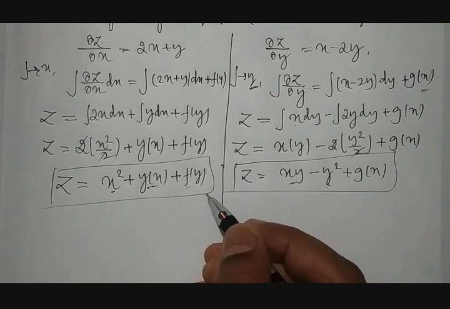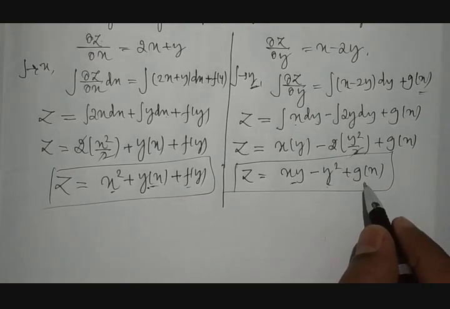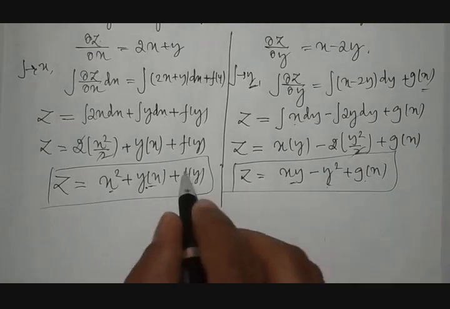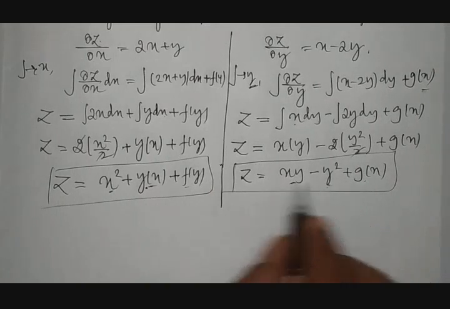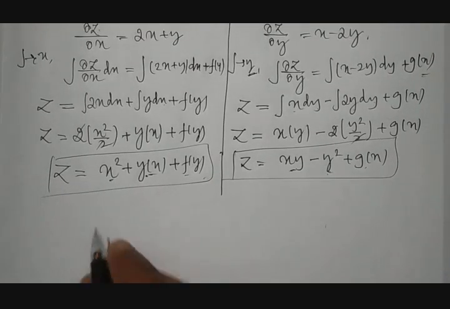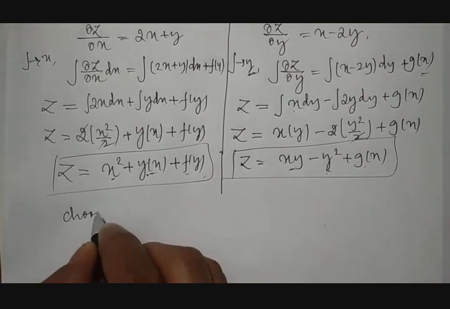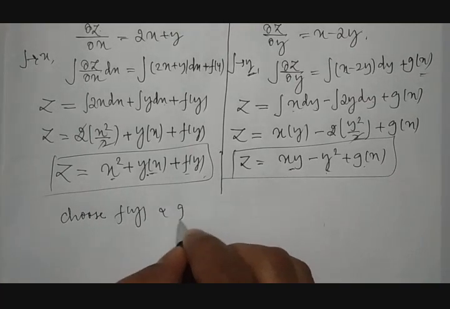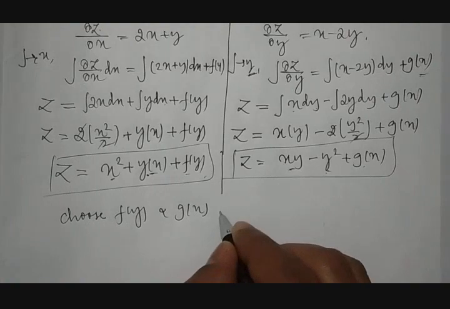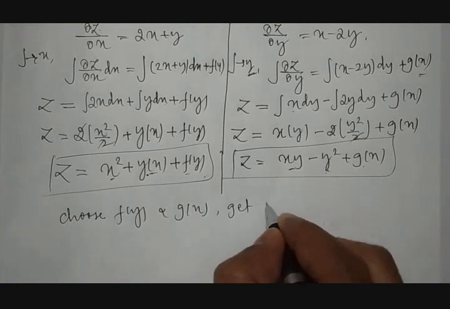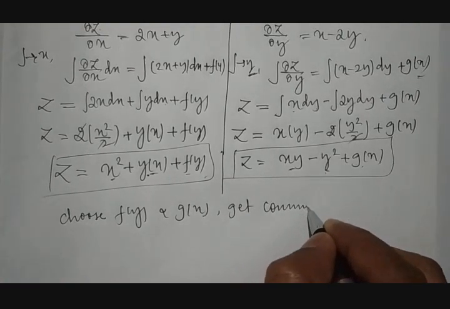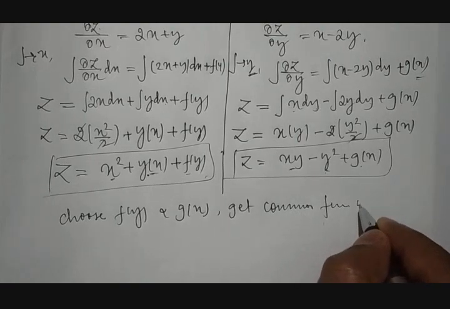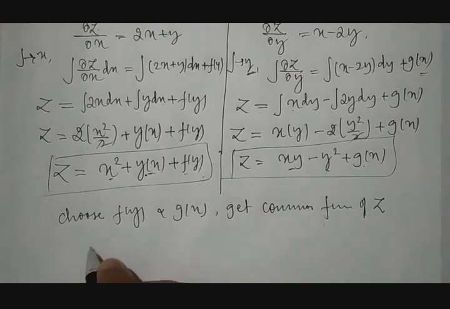Meaning, by means of the arbitrary functions g of x and f of y, we need to fulfill the requirement here. Meaning we have to choose the values for f of y and g of x in such a way that we should get a common function of z. So let us choose.